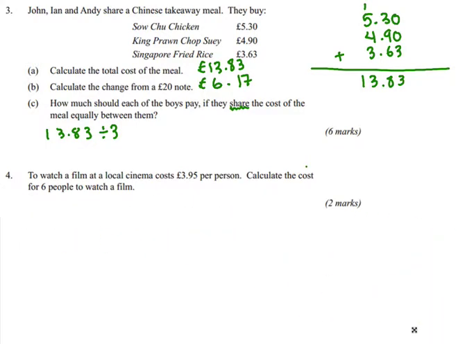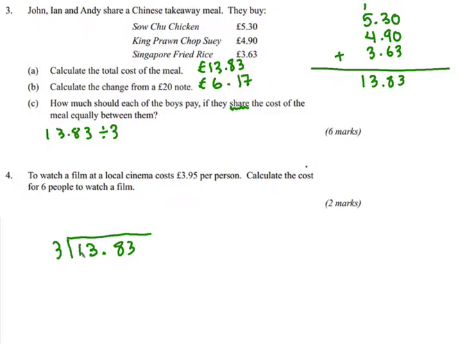I'm going to create some room for us to work over here. So remember our bus stop, the 3, we were dividing by 3, goes outside the bus stop, and we've got 13.83.